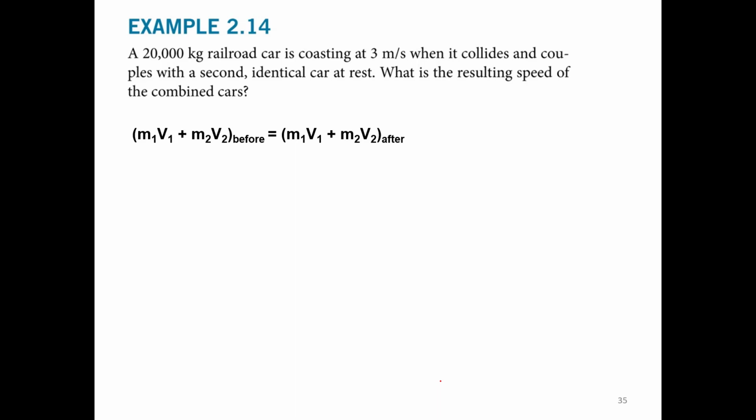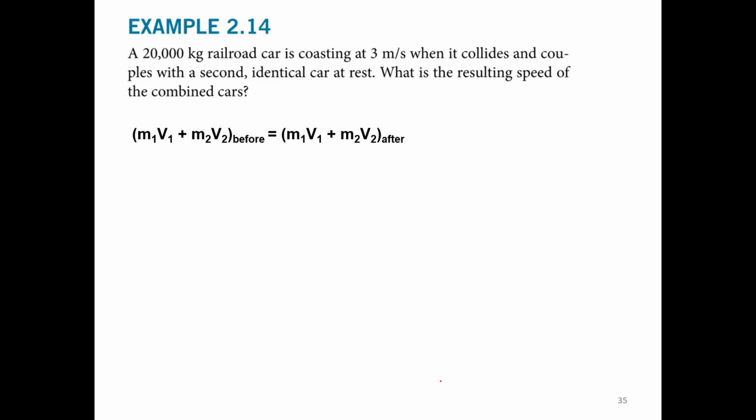And let's see what we had here. In this case, we had a 20,000 kilograms railroad car, and it's coasting at 3 meters per second when it collides and couples with a second identical car at rest. Then what is the resulting speed of the combined cars?